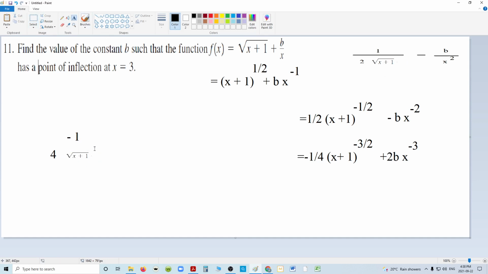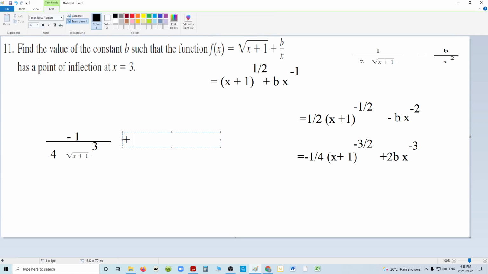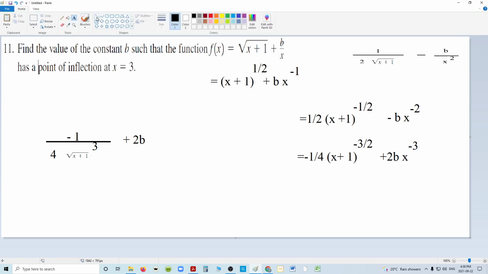That's what the negative 3 means. And you have to put it under a bracket like a fraction. And then the second one means I have plus 2 times b all over x cubed. And that's the second derivative written in a more easy to see term.